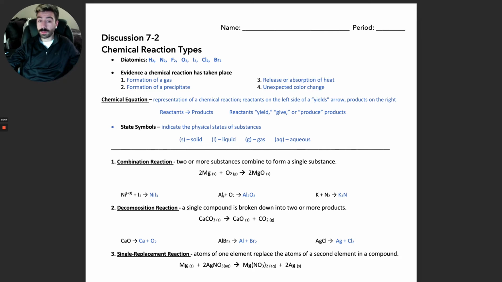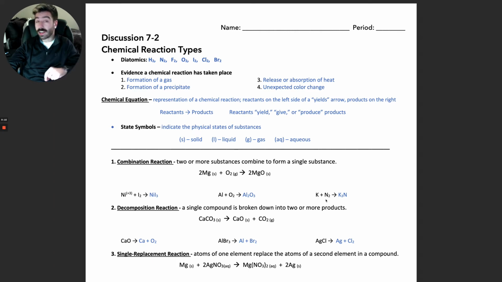Here, aluminum and oxygen combine to form aluminum oxide, right? When you say it as a sentence, it just makes sense. Aluminum and oxygen, so O2, combine to form aluminum oxide. But aluminum is plus 3, oxygen is minus 2. We crisscross, and aluminum oxide is Al2O3. So you have to write the correct formula for aluminum oxide.